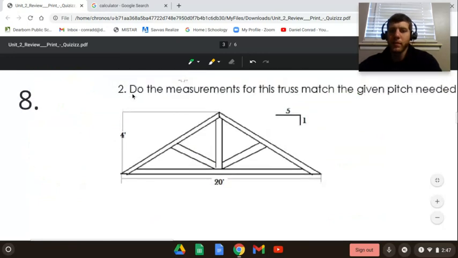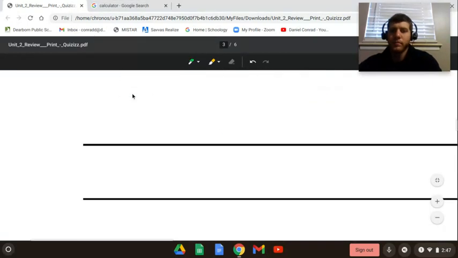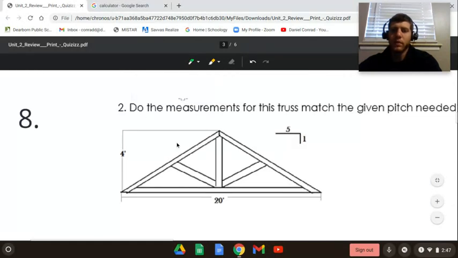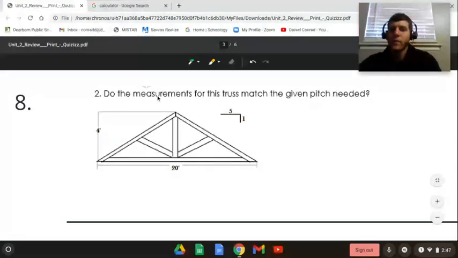Okay, number 8 here. I think 8 and 9 were the last two we did, so we can zoom out a little. Do the measurements for this truss match the given pitch needed? So this one was a no, right? Because our slope is equal to rise over run. We went up 4, but we only went over 10, right?